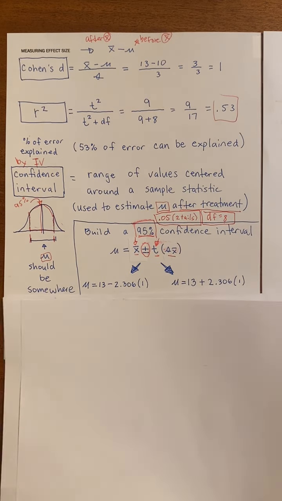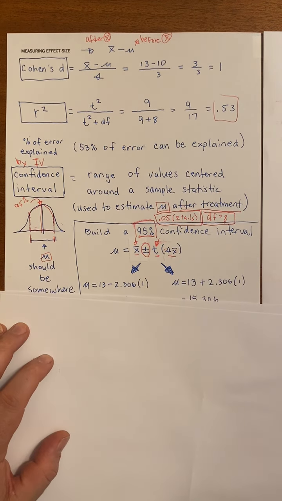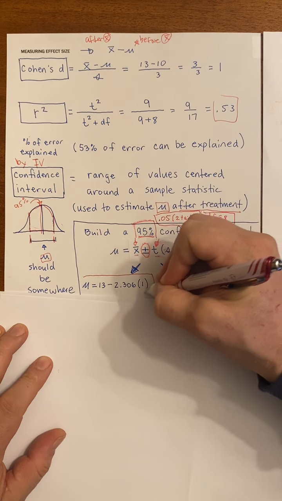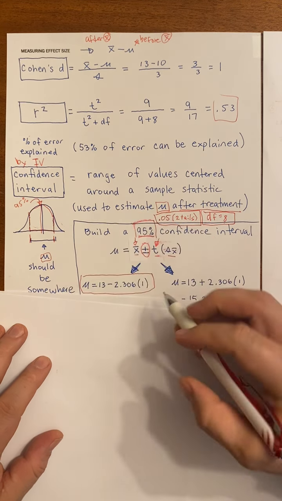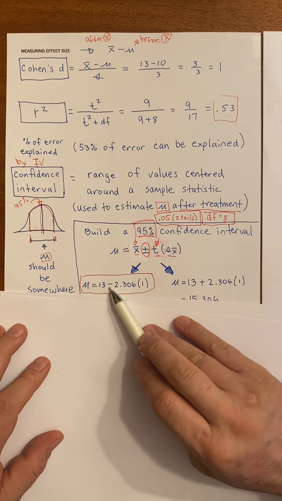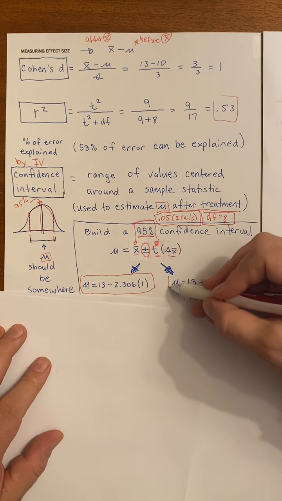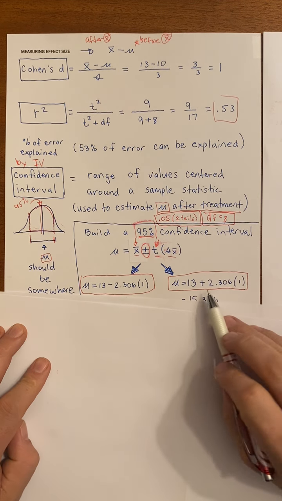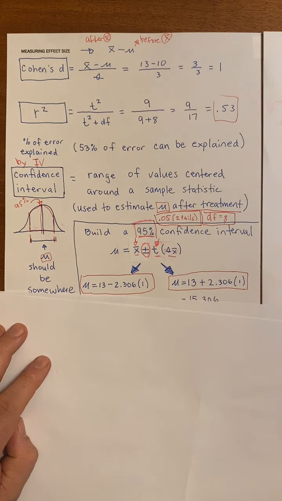So this is what the equation is going to look like. I'm going to calculate it once here where I'm doing the subtraction operation, and I'm going to calculate over here too where I'm doing that addition operation.